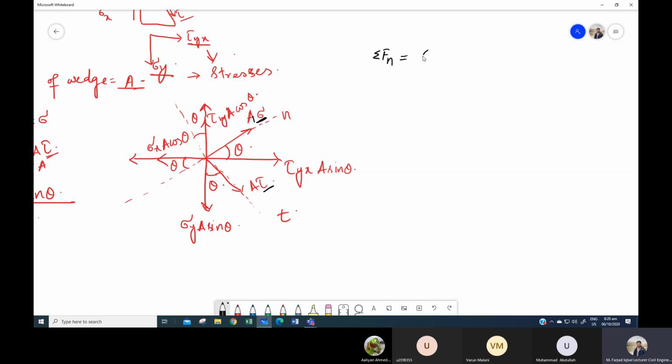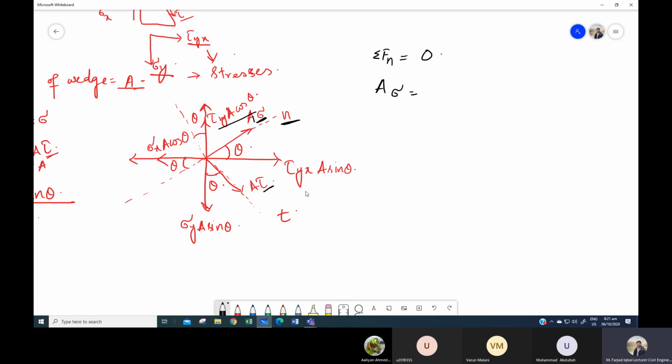For example, if I write the equation of sigma Fn, for this normal axis which is inclined to the straight axis, what will be my equation? My first stress would be this A sigma, and that is acting on the positive n-axis. And what other stresses are acting on this n-axis? I have to transform all these stresses on this n-axis.